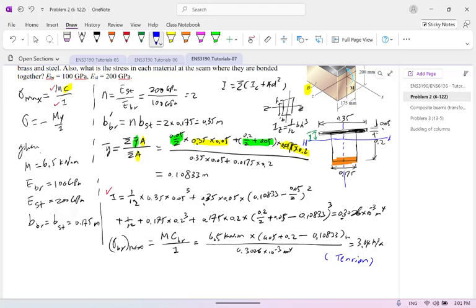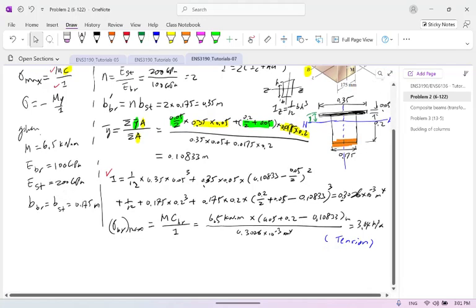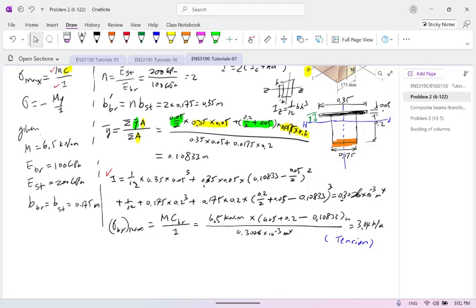Some way we can work on the parts for the steel. But remember, we should say sigma prime plus max. Remember, this sigma prime is not real. It's only from the transformed parts. So it's one from MC plus prime over I.